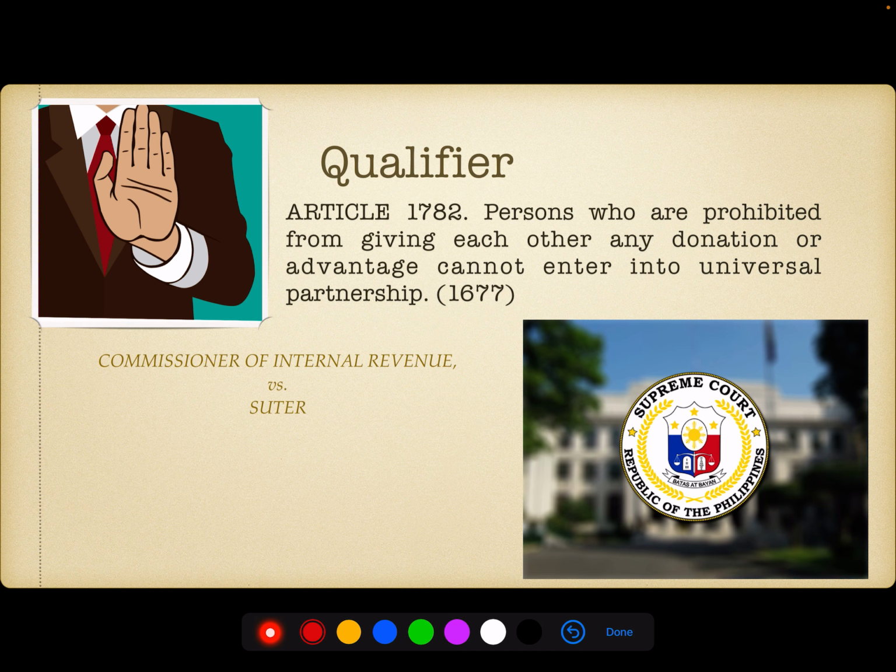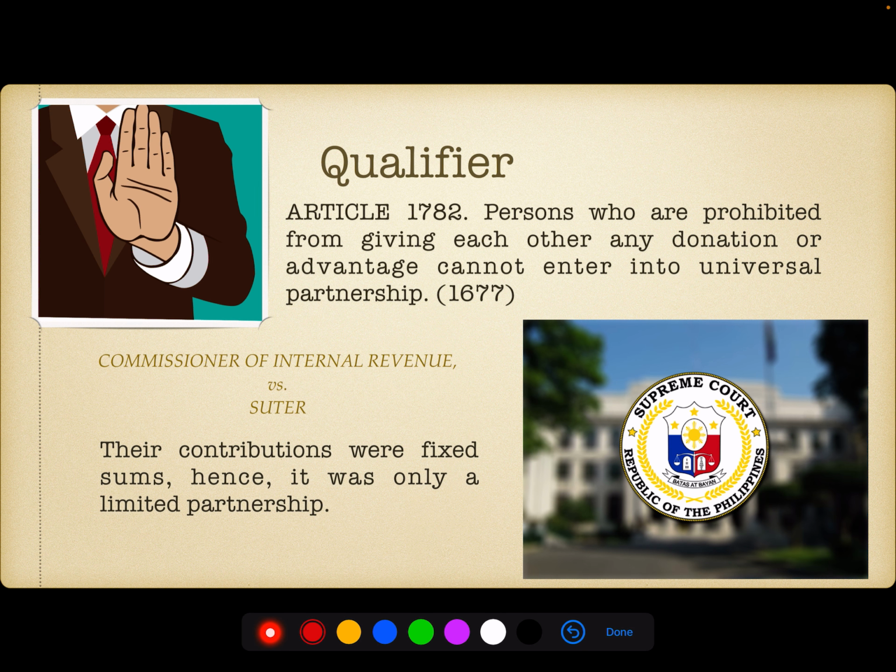The commissioner said that when William Suter and Julia Spirig got married, the partnership was effectively dissolved. The Supreme Court ruled in favor of the spouses, meaning in favor of the validity of the partnership. The Supreme Court said their contributions were fixed sums because they gave 20,000 and 18,000 plus Gustav Carlson's 2,000. Therefore, this partnership was only a limited partnership. So the Supreme Court, as I mentioned, sustained the existence of a partnership.